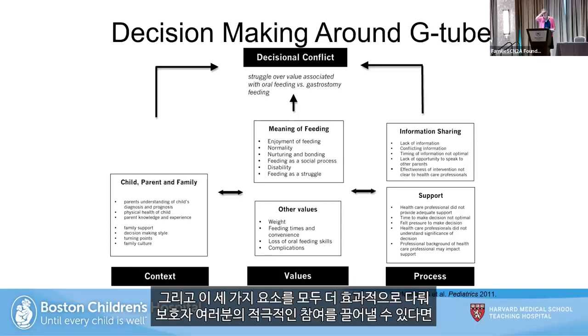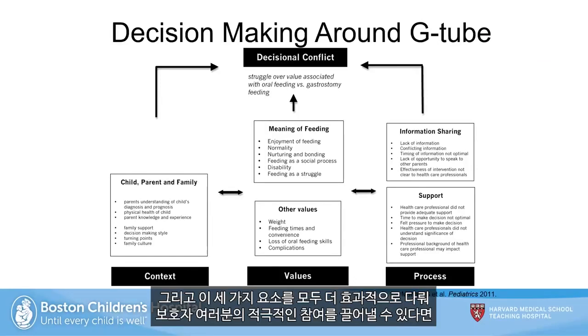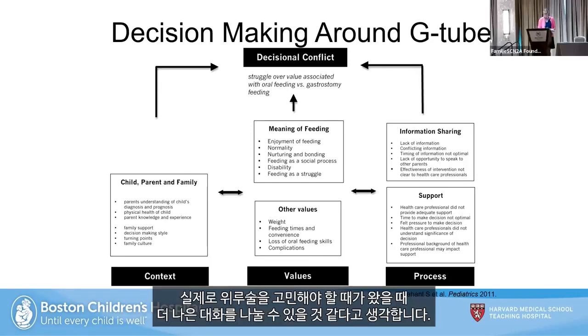And I think if we can tackle these 3 domains in a more effective manner and actively engage all of you, it makes for a better conversation when the time comes to think about G-tube placement.